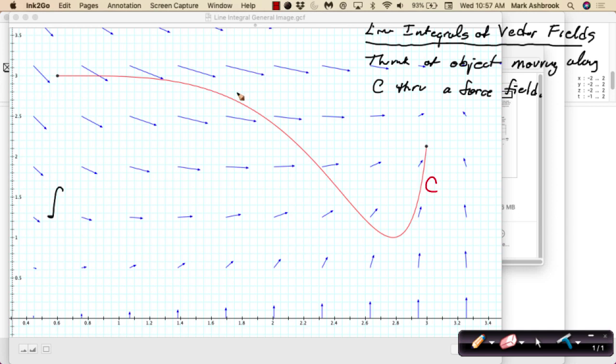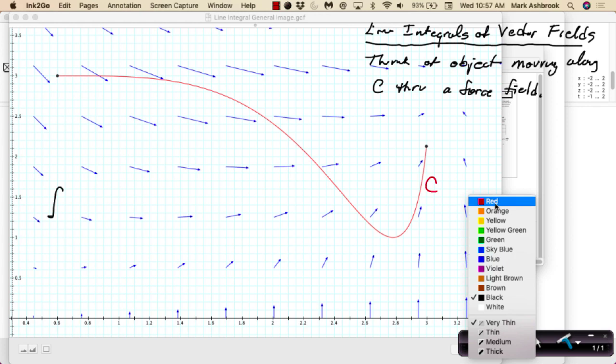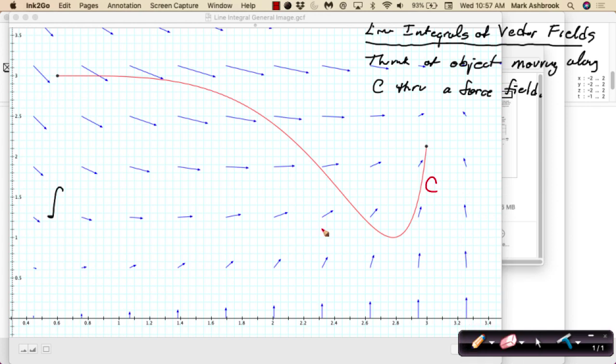First of all, how do we define C? How do we define a curve in the plane or a curve in space? By a vector valued function, right? So it's r(t).